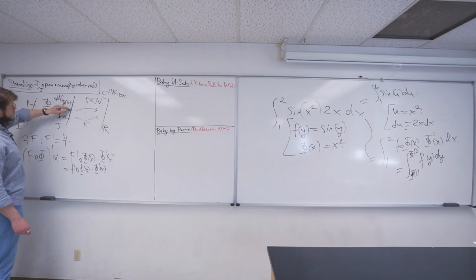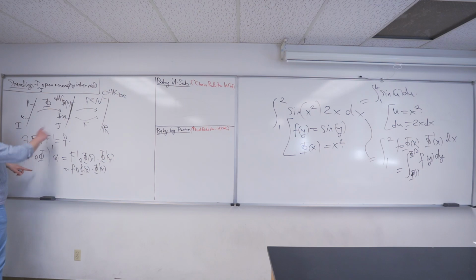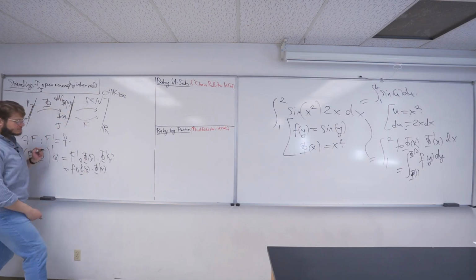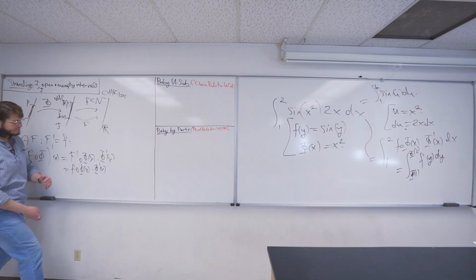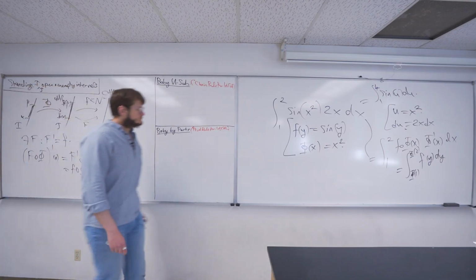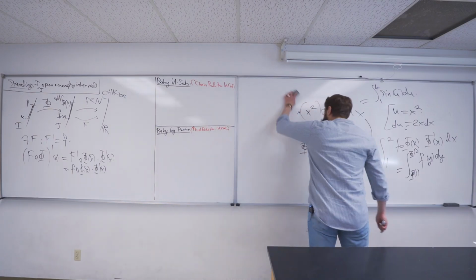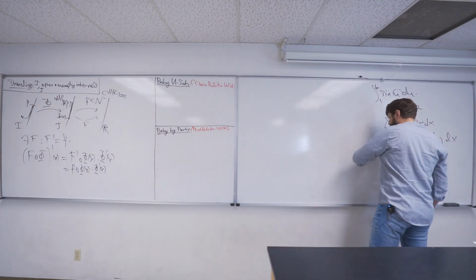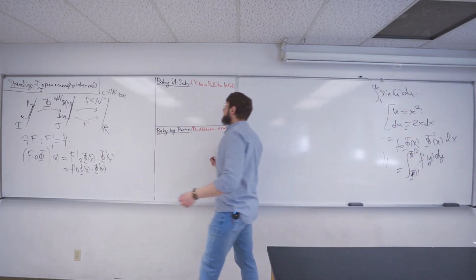And so the integral of lowercase f on this interval then should be the same thing as the integral of the composition function on this interval multiplied by this correction factor. So this is sort of the idea.